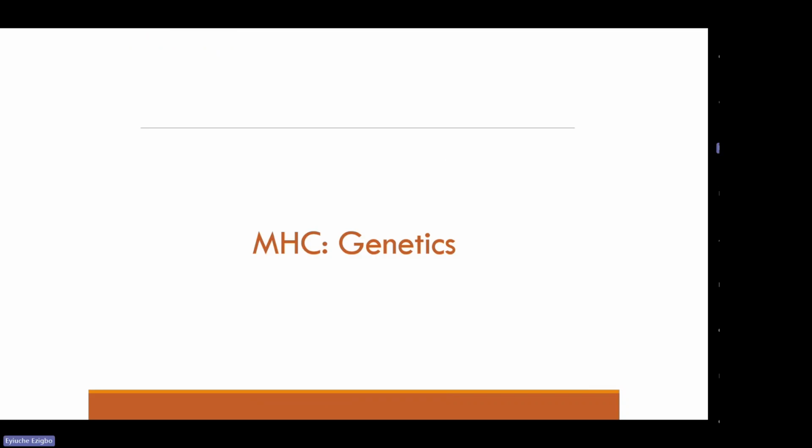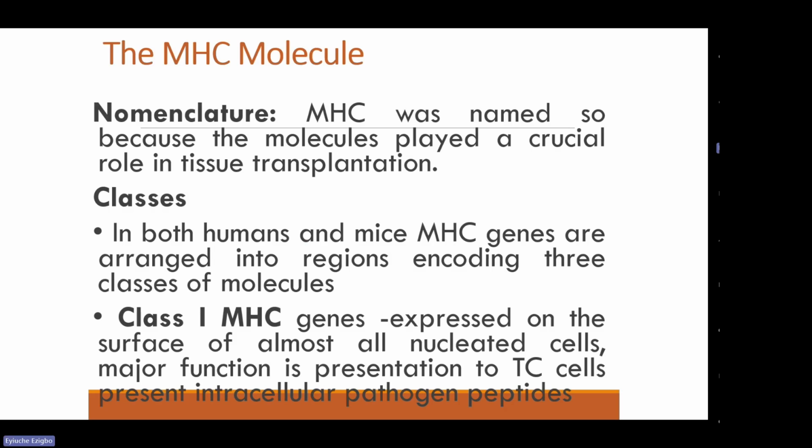So we're going to look at the genetics. The MHC complex was named so because the molecule plays a crucial role in tissue transplantation. In both humans and mice, MHC genes are arranged into regions encoding 3 classes of molecules.